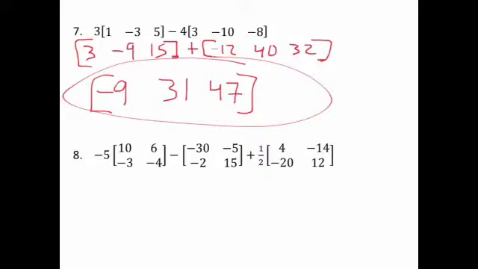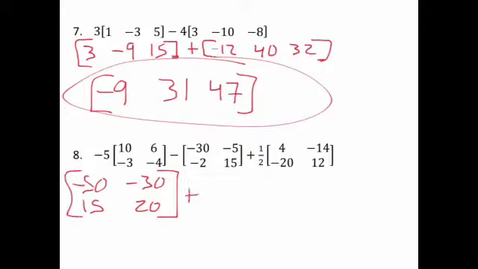Now let's move on to 8. Basically, it's like distribution, but you multiply the matrix by the scalar out front. And I'm going to do the sign with this. Like here, I'm just going to distribute that sign everywhere through there. I'm going to distribute that 1/2 all the way through there. And I'm going to get -50, -30, 15, and 20 for my first matrix.